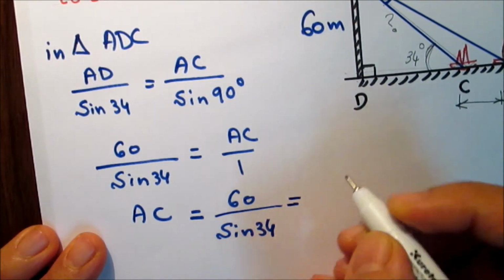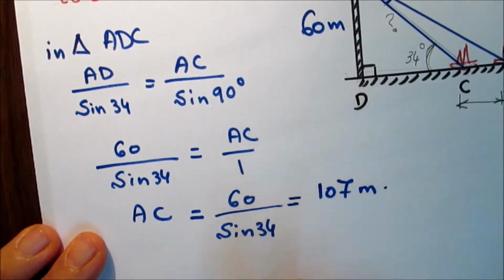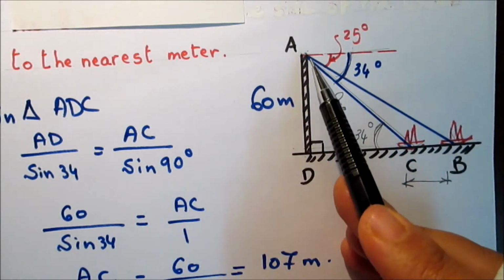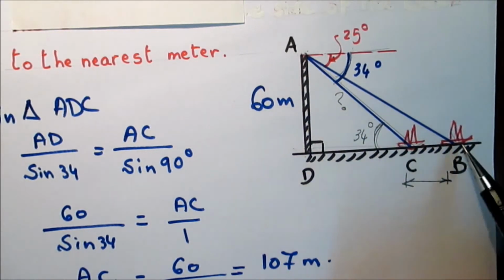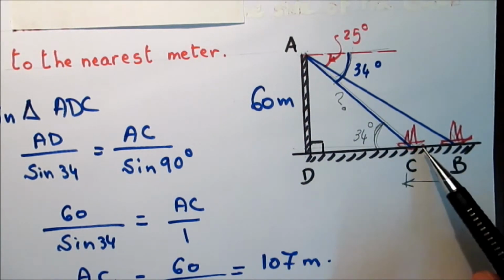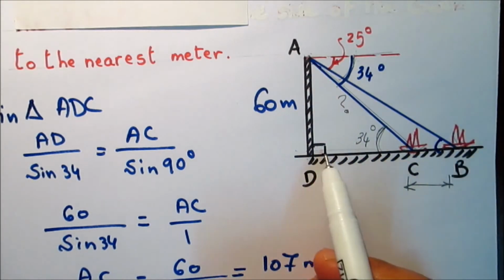Use the calculator. This is equal to 107 meters. To find the length of BC, the distance between the two boats, we can solve the triangle ABC. We know the length of AC. We need to find the length of BC. Here we have another Z letter.